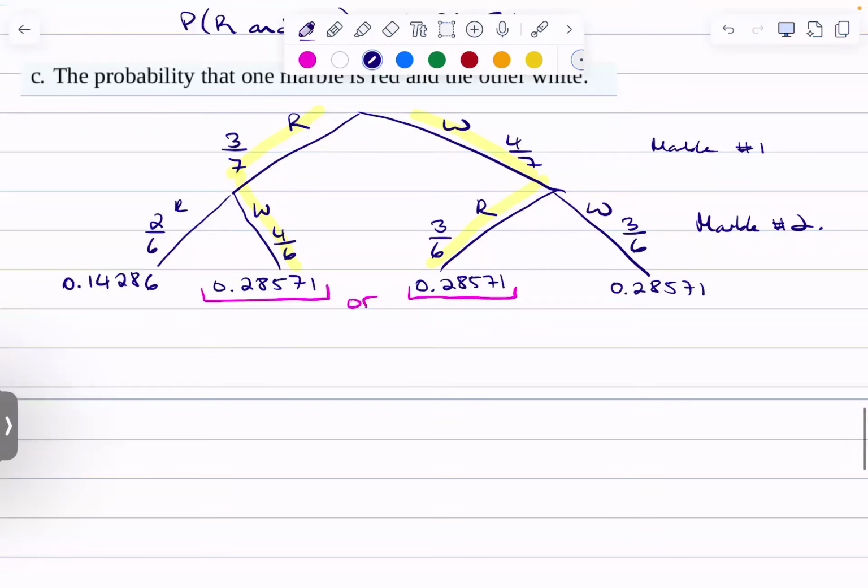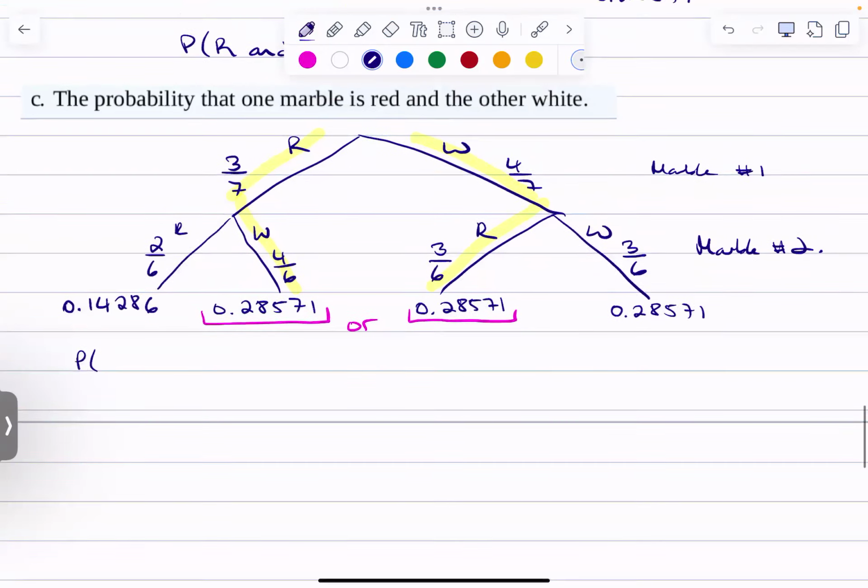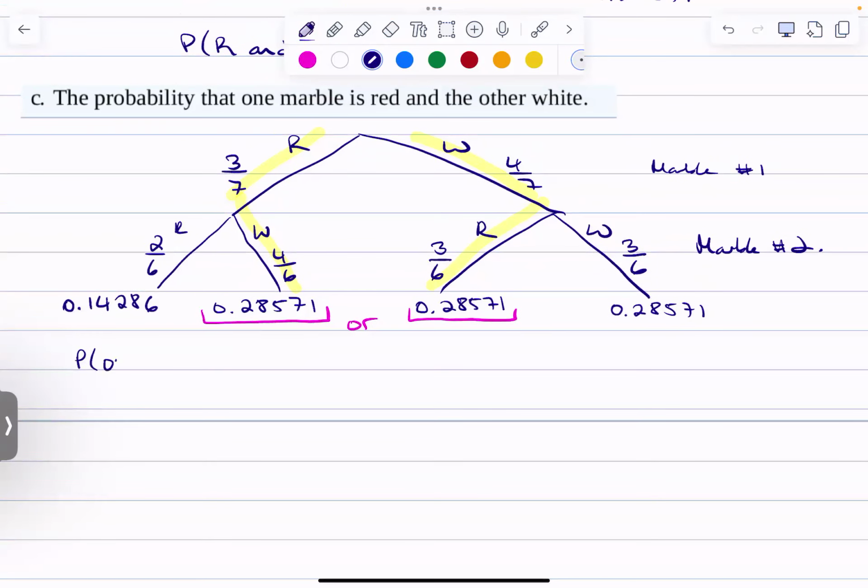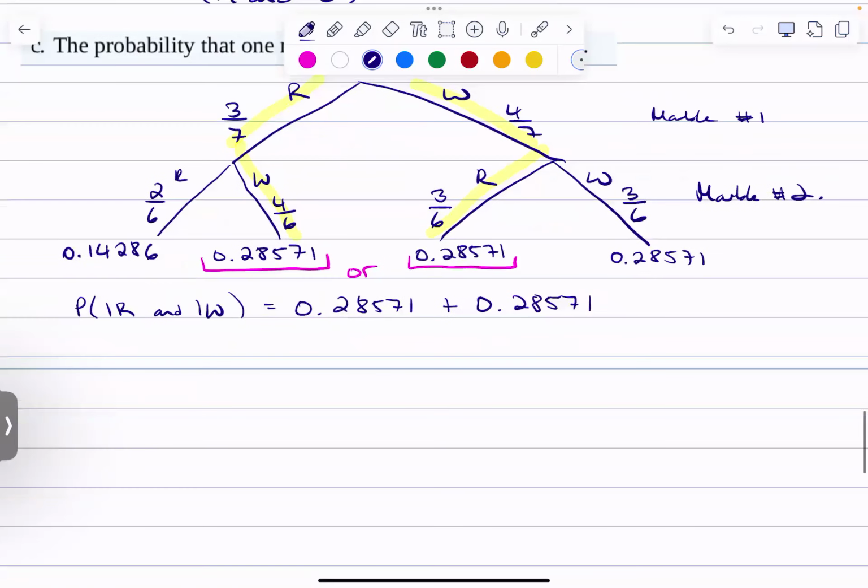And so the probability of, let's see here, how can I shorthand this? 1 R and 1 white is going to be 0.28571 plus 0.28571. 0.28571 times 2 is 0.57142.